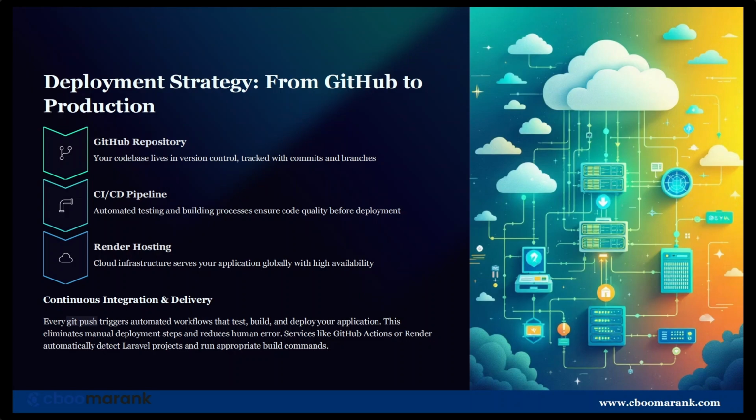The next is deployment strategy from GitHub to production. Now let's talk about what happens after your code is on GitHub. Your repository becomes the source of truth. From there, a deployment pipeline takes over.